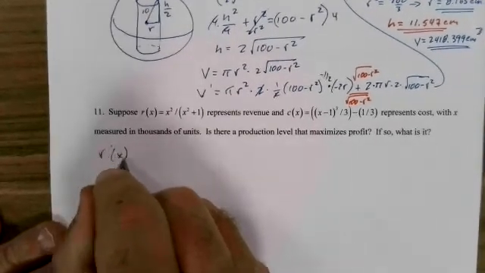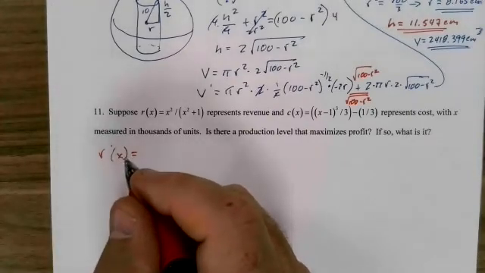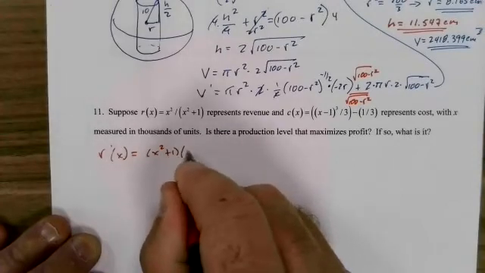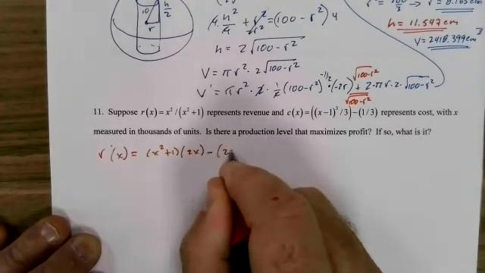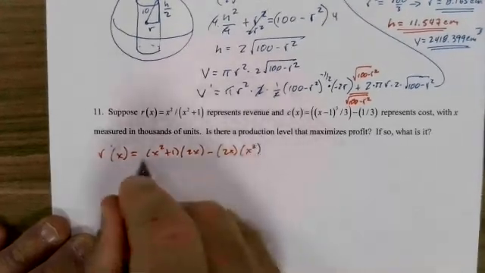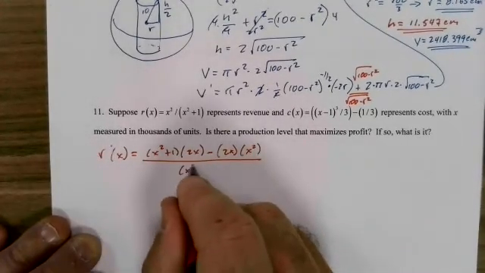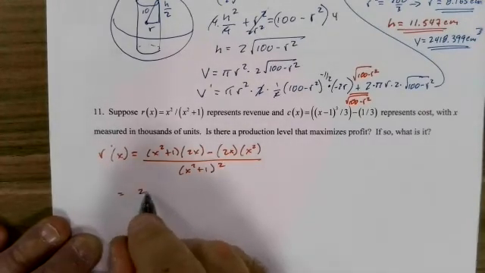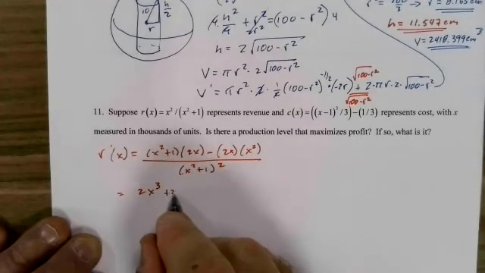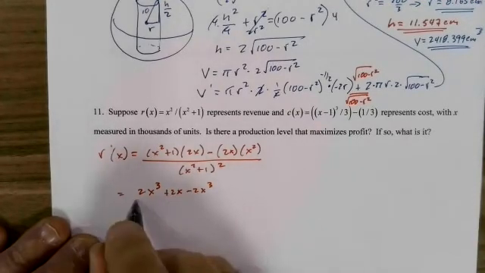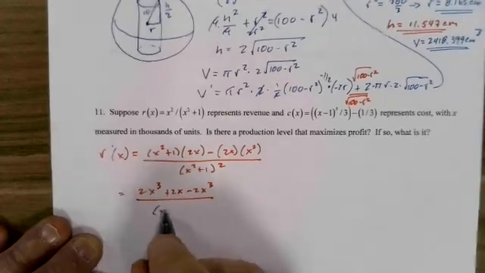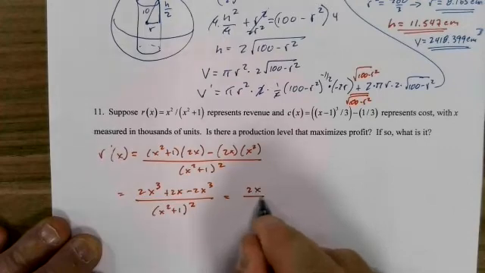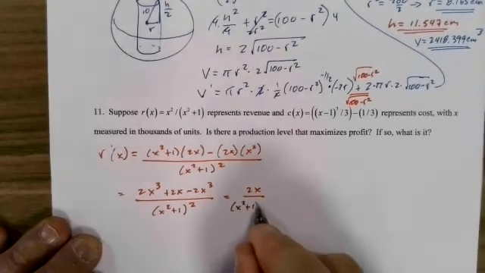R prime of x equals x squared plus 1, 2x minus 2x, x squared over x squared plus 1 squared equals 2x to the third plus 2x minus 2x to the third, over x squared plus 1 squared, equals 2x over x squared plus 1 squared.